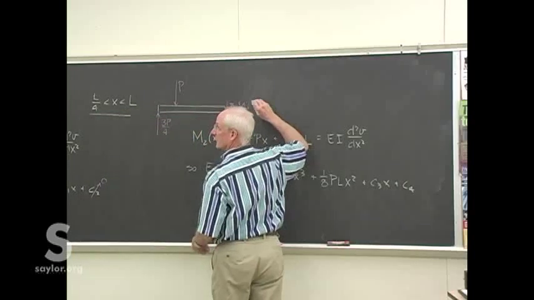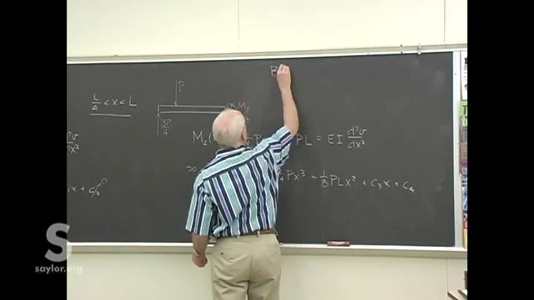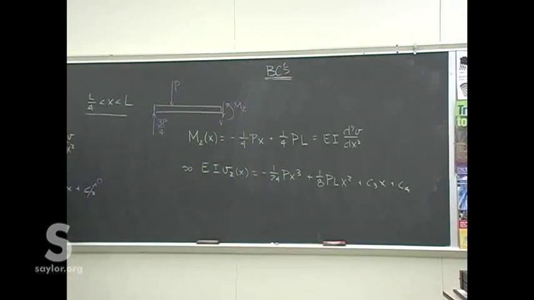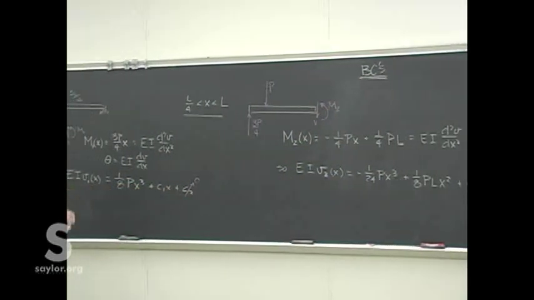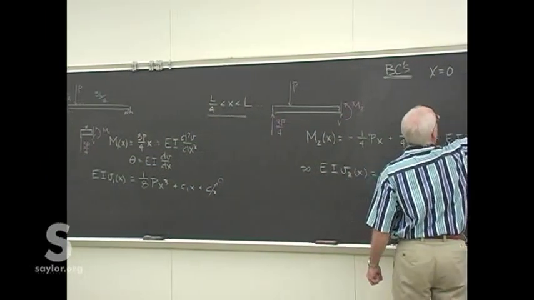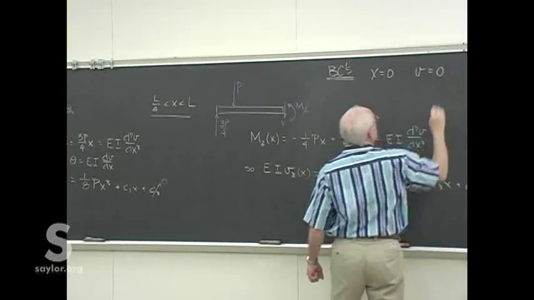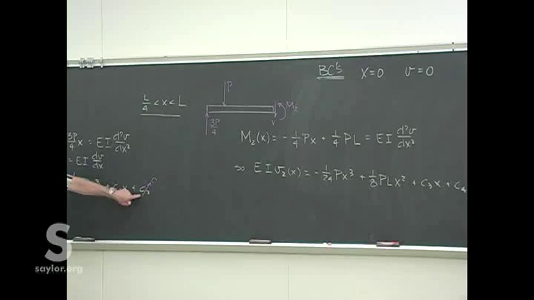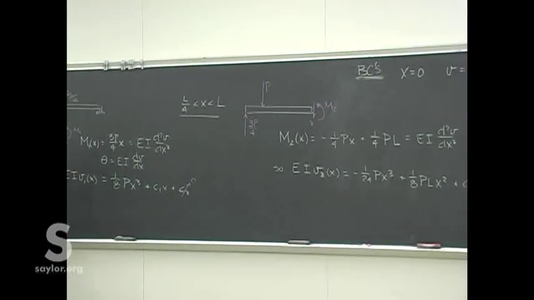So, for the boundary conditions, we're going to need to solve for these 4 unknowns. One we've already taken care of. At x equals 0, V equals 0. So we've already applied that one. That makes C2 0.